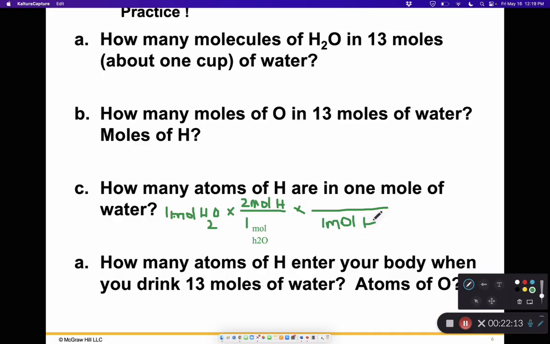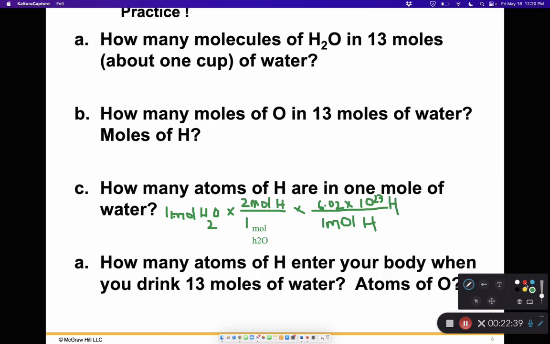It means 1 mole of hydrogen element contains 6.02 times 10 to the power 23 hydrogen atoms, right? So that is what the question is asking, hydrogen atoms.